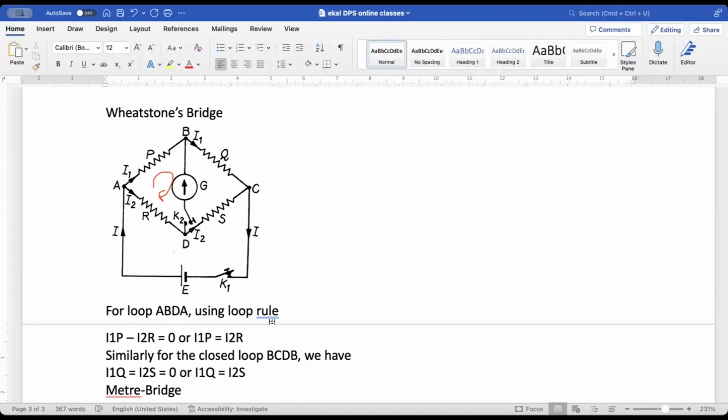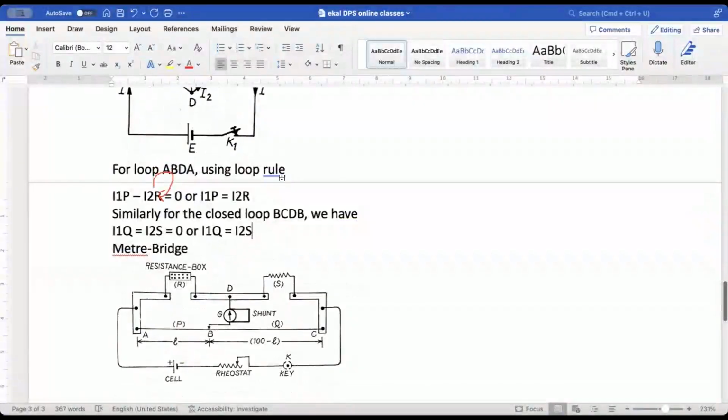For our convenience, let the first be equation 1, and this we say equation 2.